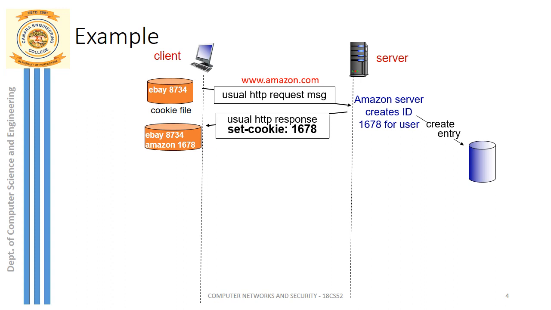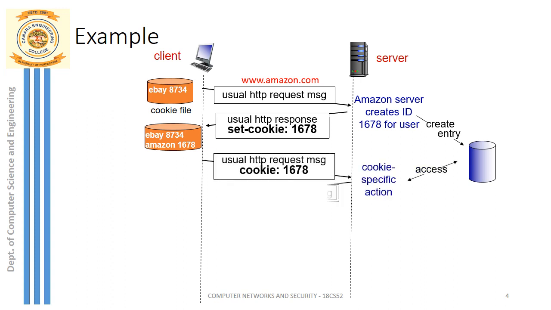After creating an entry in the database, the server sends the response message for the request, including a special header line called set-cookie, which includes the created ID 1678 for the client. The HTTP response message will be sent from the server to the client.